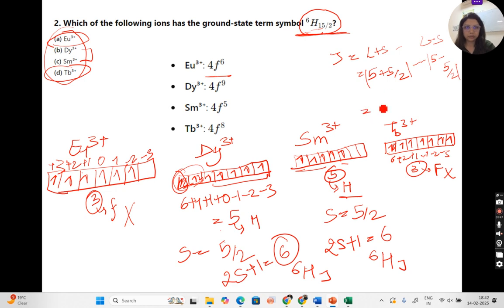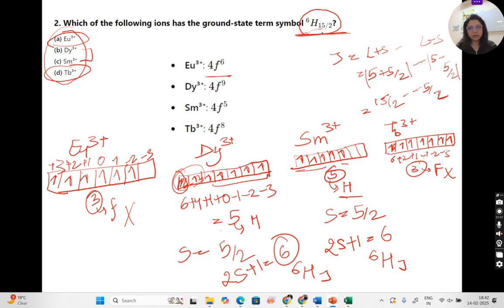So this comes to a value of 15 by 2 to 5 by 2.